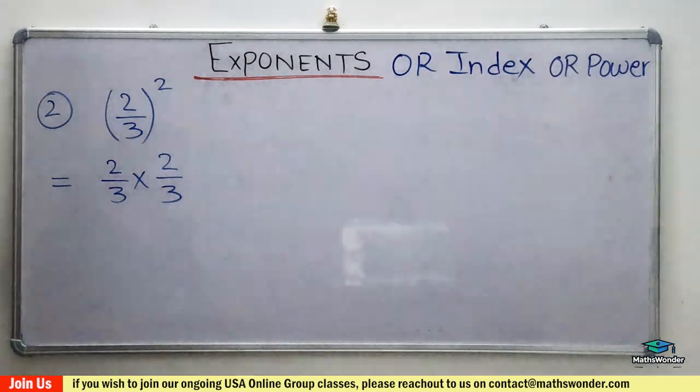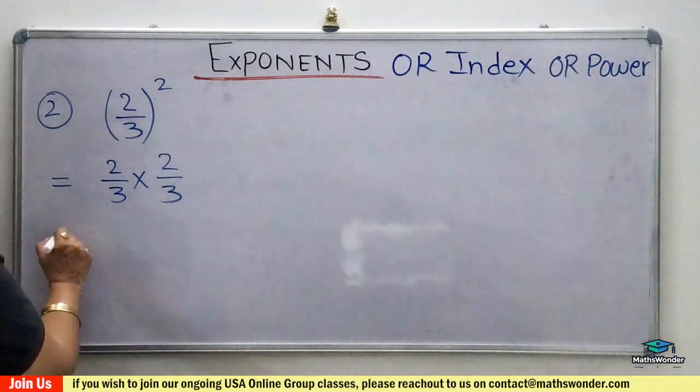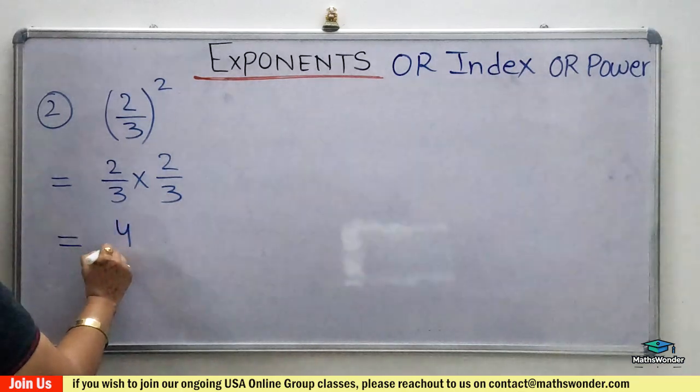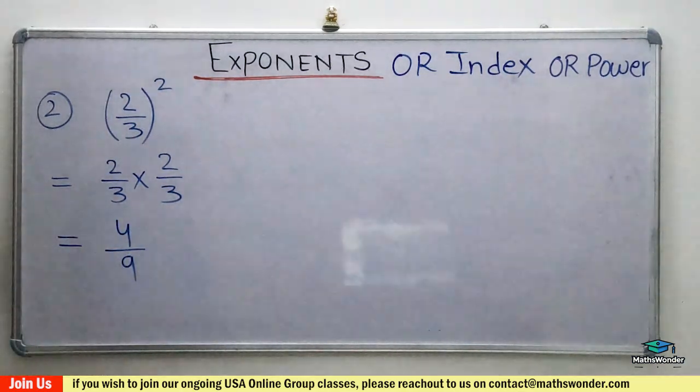Always remember when a question is given in this form: numerator multiplied by numerator and denominator multiplied by denominator. As we already learned in the fraction topic, how do you multiply fractions? Numerator by all the numerators, denominator by all the denominators, right?